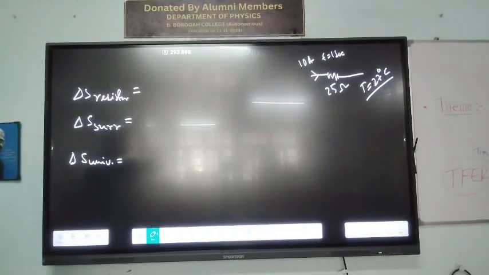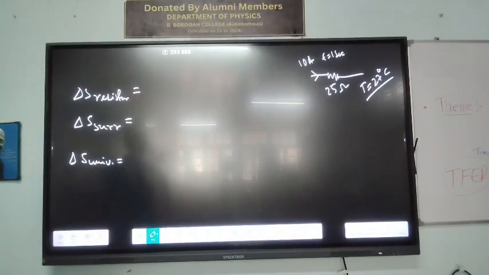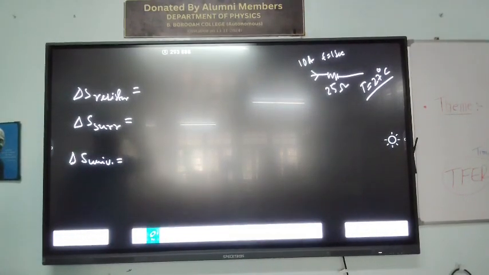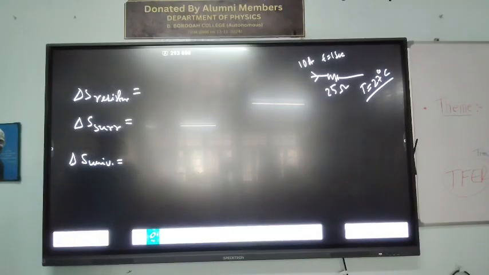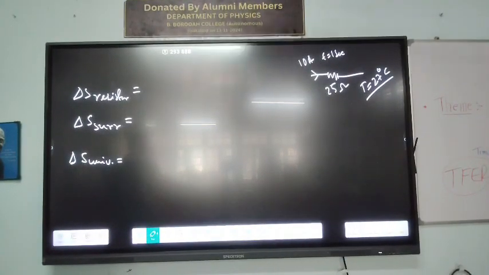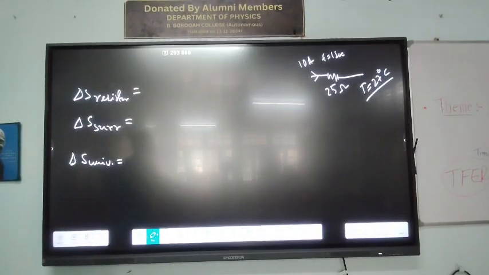Resistor is my system. So what will be the change in entropy of the system, that is the resistor? Can anybody tell me? And what will be the change in entropy of the surrounding? Surrounding is your water.